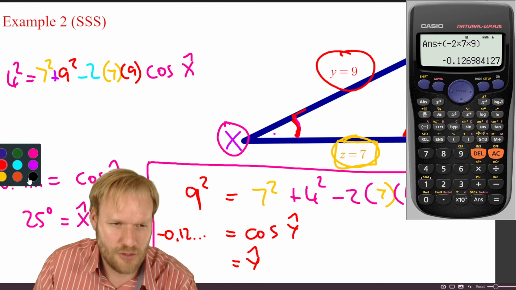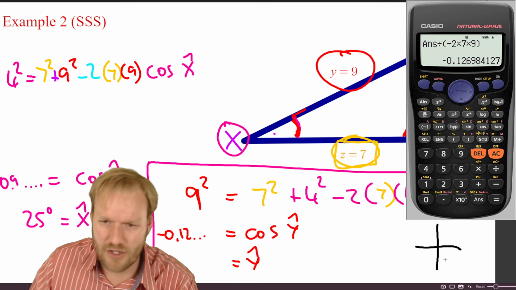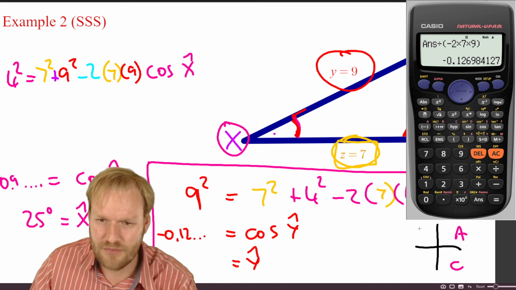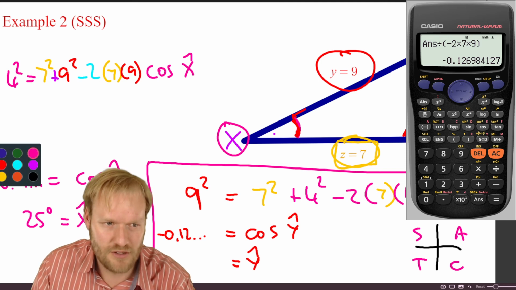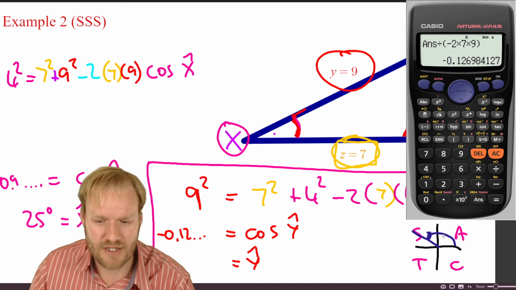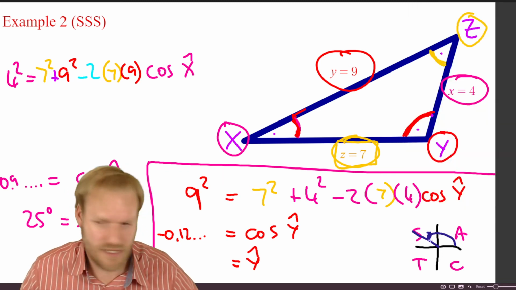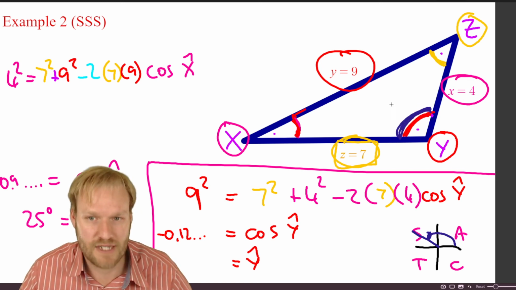Now, just as a reminder from our CAST diagram, cos is negative, so it would imply that we're in the second quadrant. In other words, that the angle we're working out is obtuse, which does indeed match our triangle, because look, that's an obtuse angle.